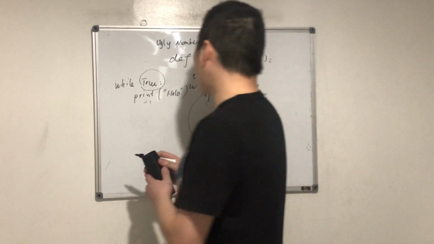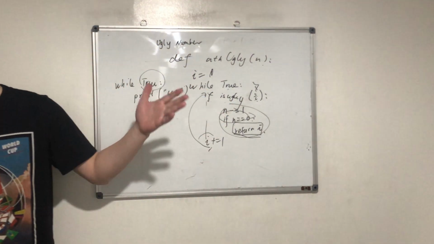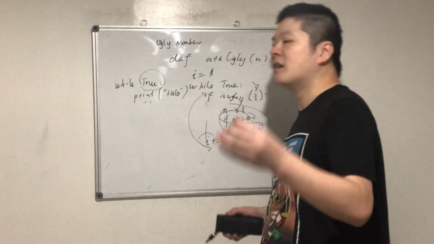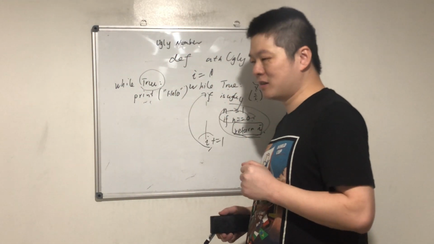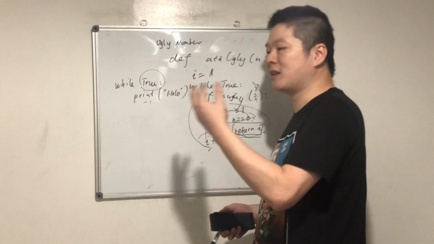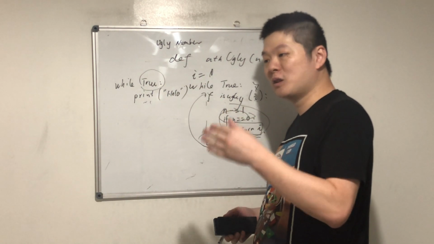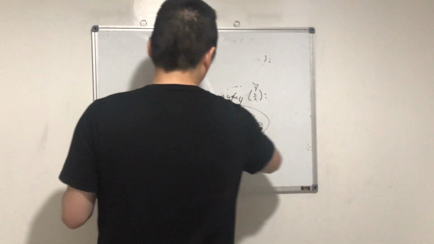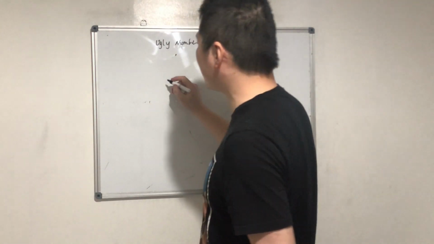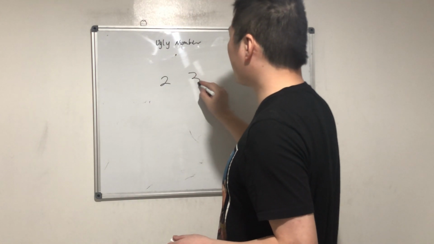Okay. So as you can see, this is not very efficient, because we still need to check most of the non-ugly numbers. So we can generate the nth ugly number using another approach. The ugly numbers only contain the prime factors 2, 3, 5.